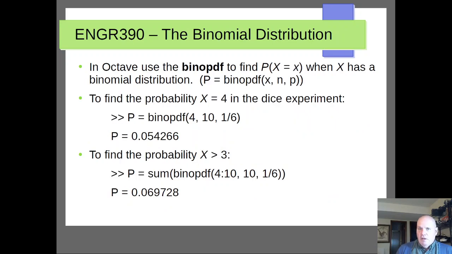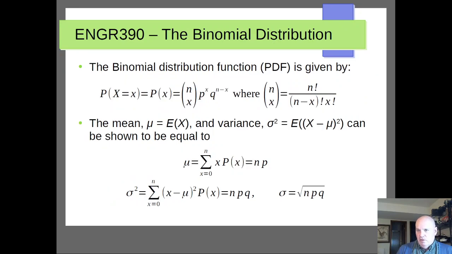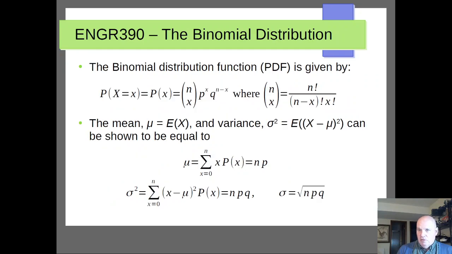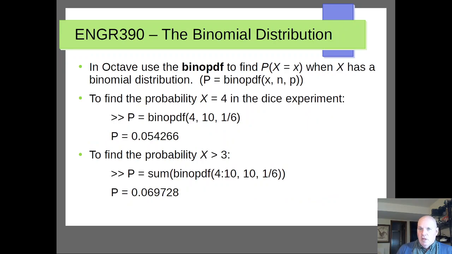Now in Octave, you can of course evaluate this on your calculator, and you may have a calculator that actually has this PDF function built into it. In Octave, you can use the binopdf function to find the probability that x is equal to x. It takes 3 arguments: the value of x, the number of trials, and the probability of success.